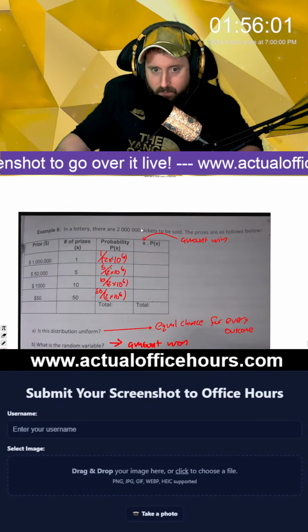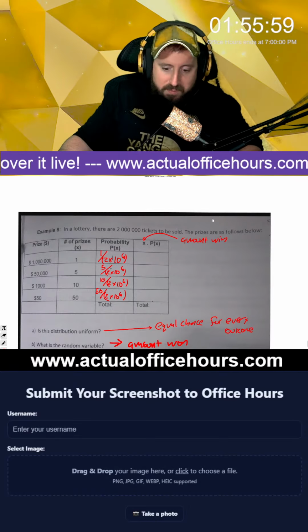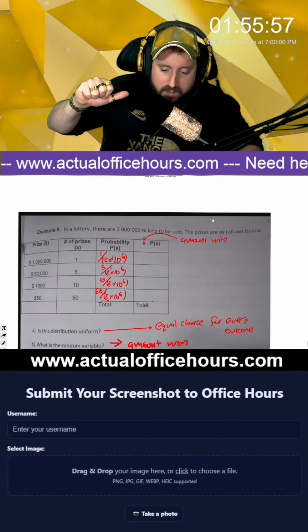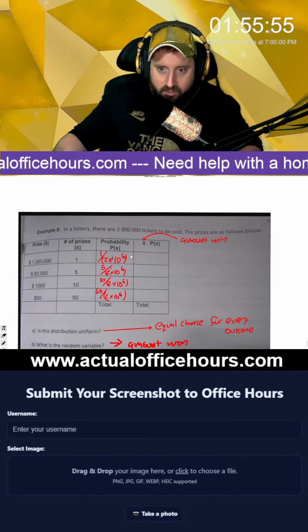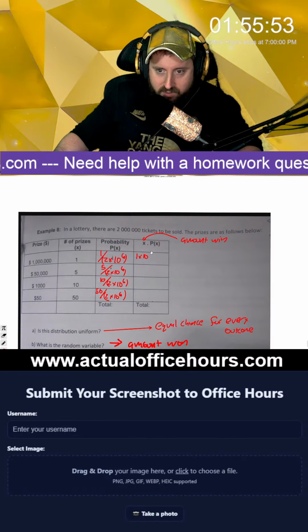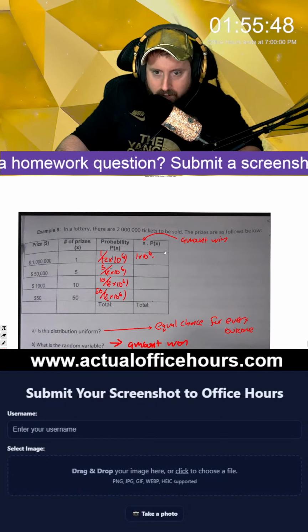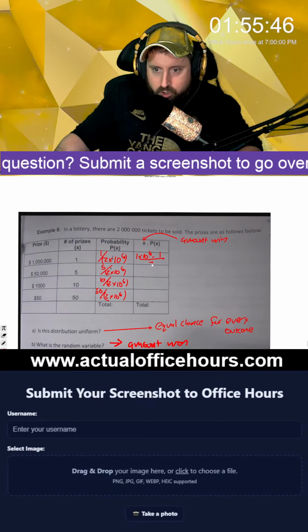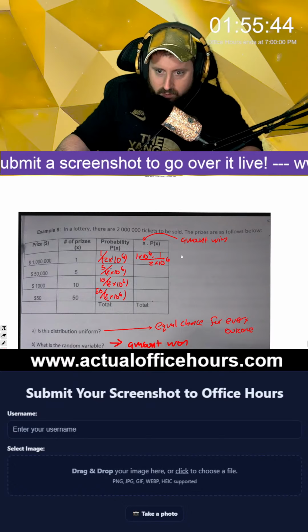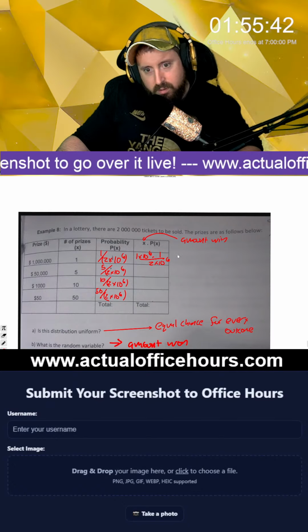That's okay. Okay, so expectation value is how much you would win times the chance of you winning that. So in this case, this would be 1 times 10 to the 6, times 1 over 2 times 10 to the 6. Wait, that's huge.